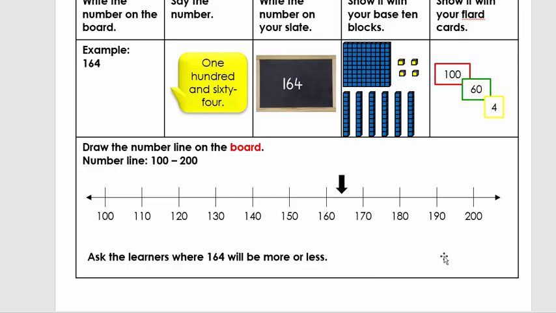Show me where 199 is. Excellent. Between which two numbers will 115 be? It will be between 110 and 120. Now pause the video and ask your child similar questions.